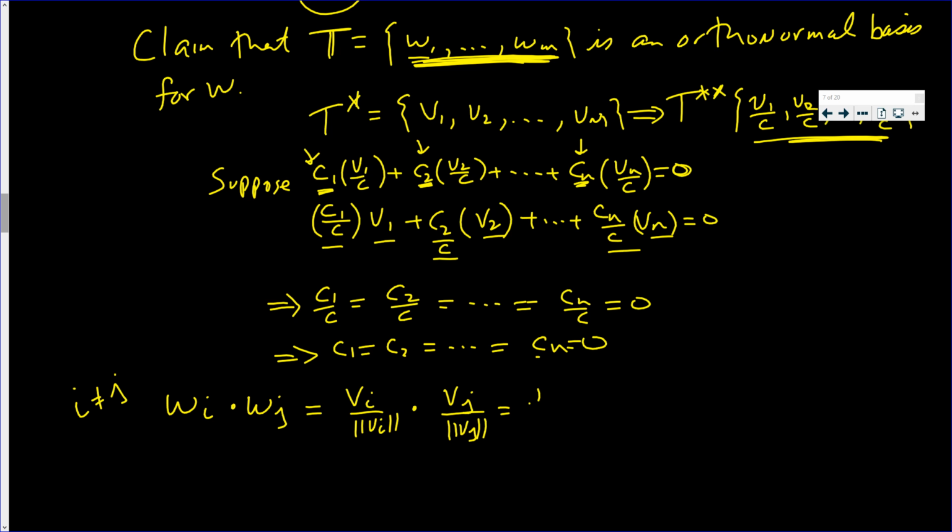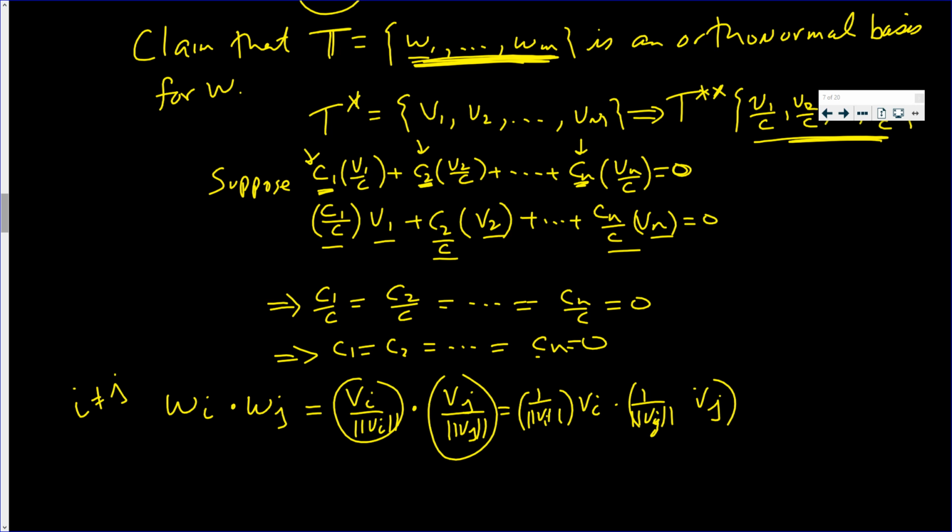And this is the same as 1 over the length of V sub i times Vi dotted with 1 over the length of V sub j times V sub j. I meant to put the brackets around here.